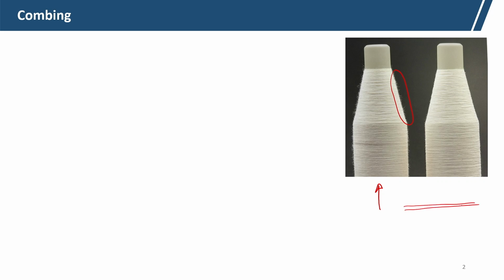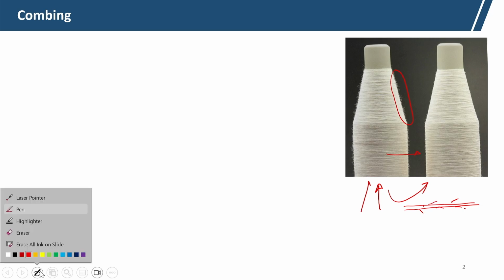This is basically due to the short fibers present in the mixing, and if we remove the short fibers we get a very clean yarn, the hairiness is reduced, the yarn becomes a little bit lustrous, that I will discuss why, and yarn strength also increases to some extent.